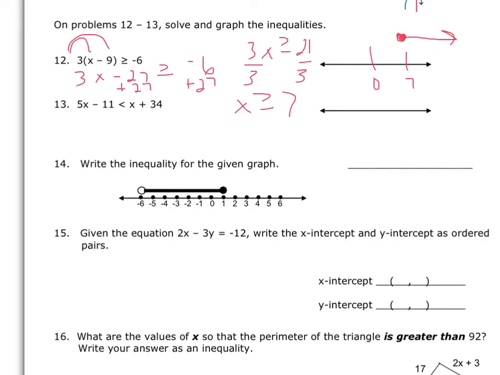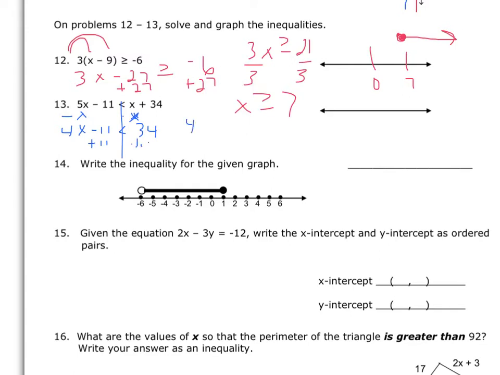We're going to solve for x. So I can see that I have an x on both sides. I want it only on one side. I'm going to go ahead and move mine to the left. So we're going to move it from this side by doing the opposite. So negative x is less than 34. I'm going to add 11 to both sides.